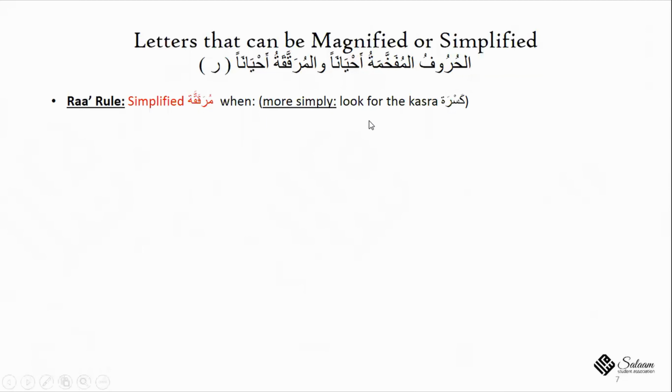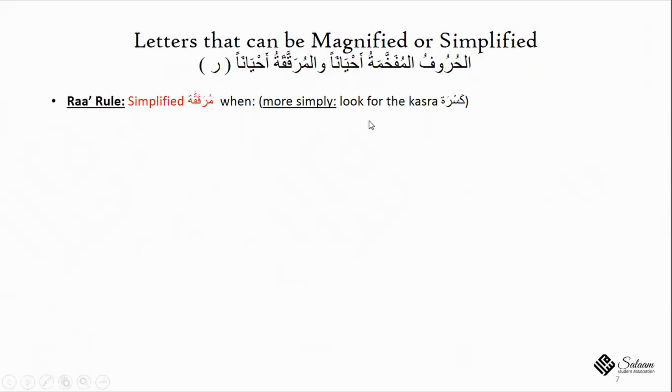The third one is the ra is stable and the letter before it is also stable, and not magnified. Here the letter before it, like Fir'aun, had kasra, but here the letter before it had sukun. But before both of them there is kasra. So even if we have ra here and we are going to stop, this tanween will not be here. Qadir. This one has sukun, this one has kasra.